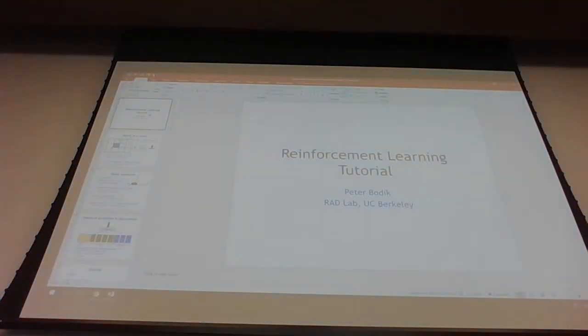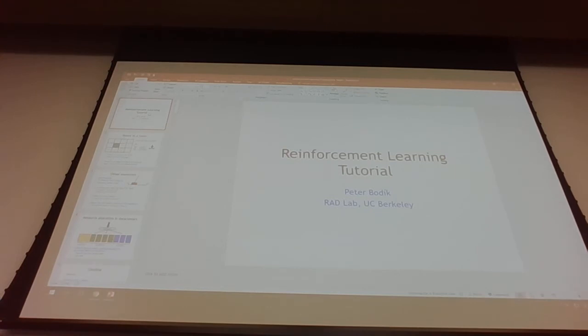I am going to use a very popular set of slides which I didn't develop, but these were developed for a tutorial at Berkeley. So let's look at this, and this is a basic reinforcement learning introduction. If you have understood Markov decision process, this would be easy.